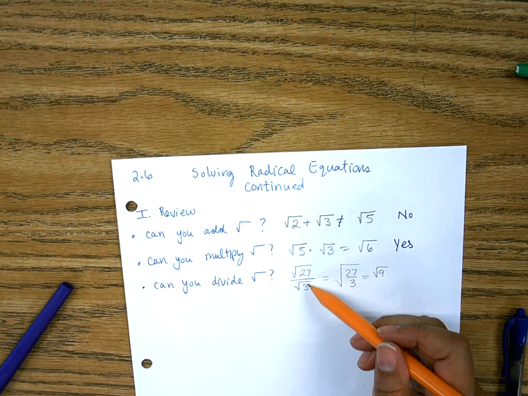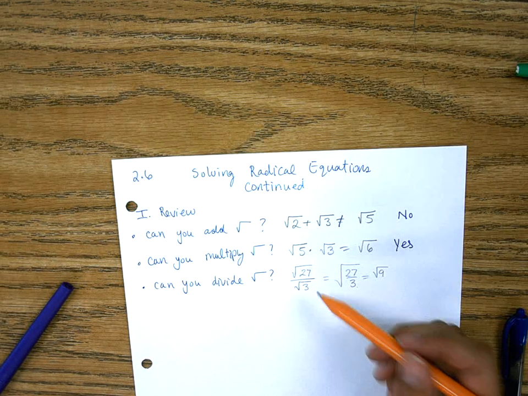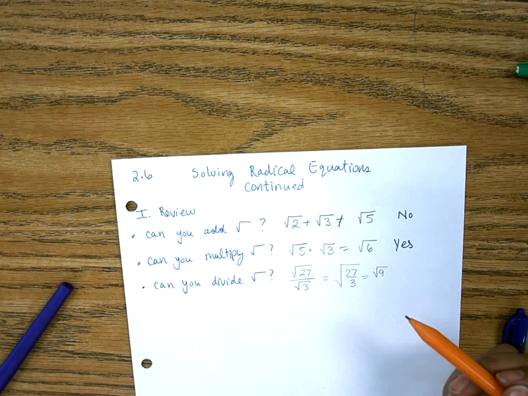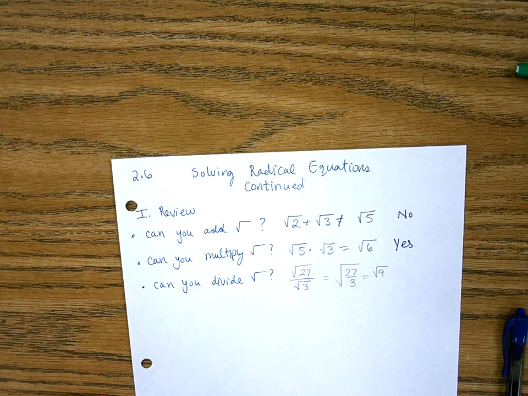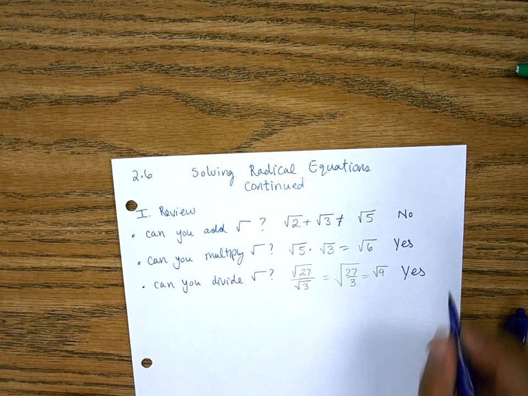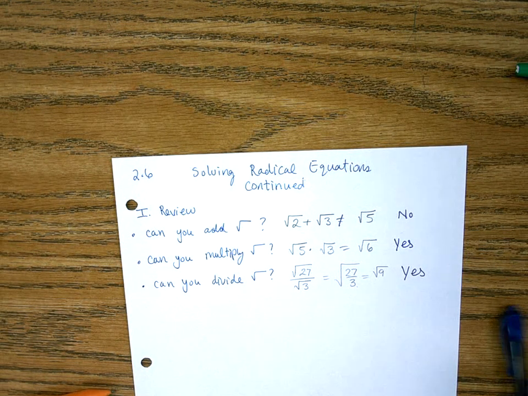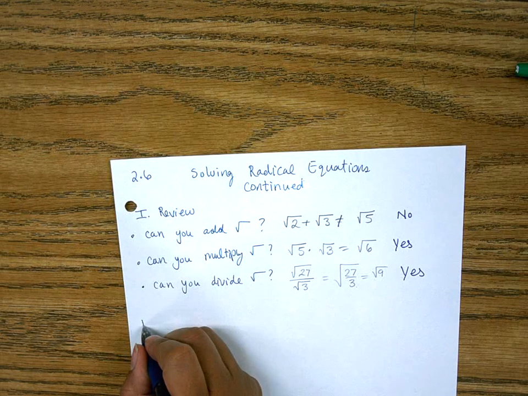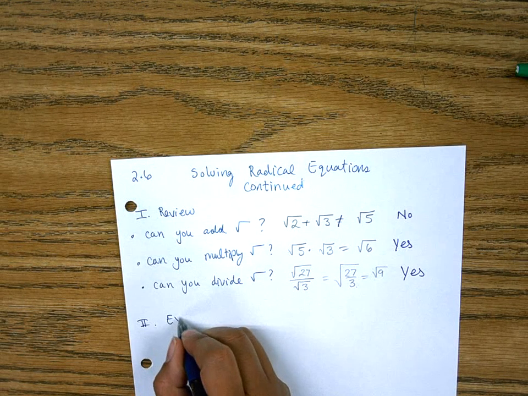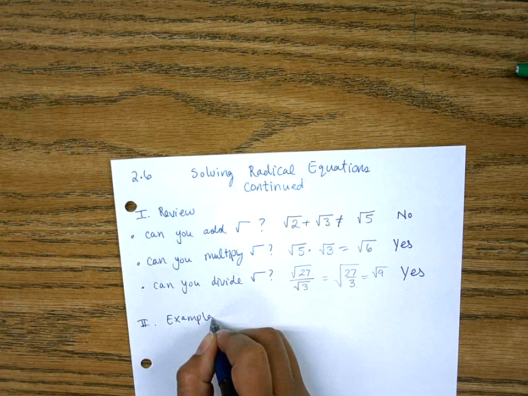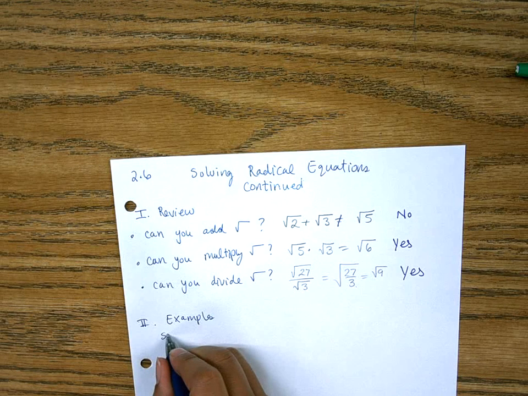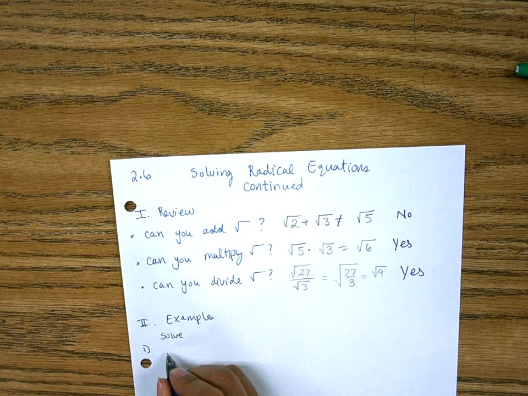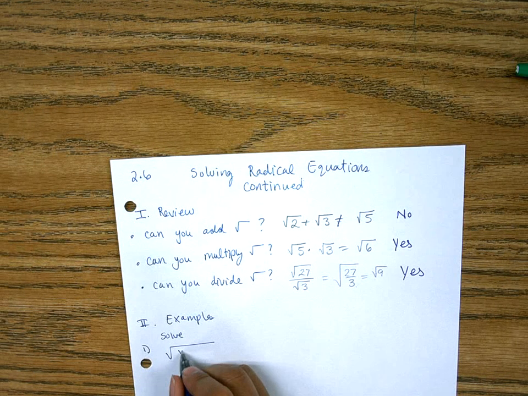You don't even have to rewrite it. Is it okay to straight divide 27 divided by 3? Yes, yes you can. All right, part 2, examples. You'll see why we did that quick review in just a little bit.